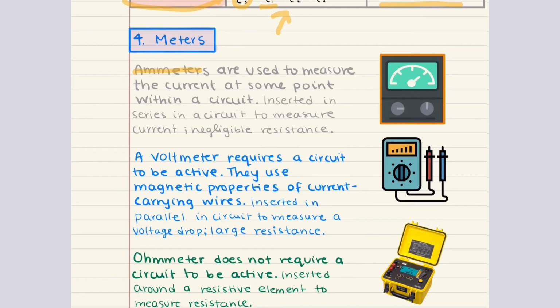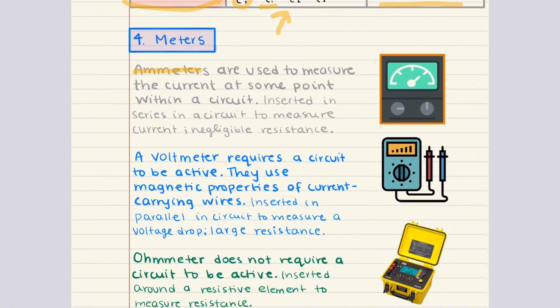These measure current, so they're used to measure the current at a specific point in a circuit. Since current only flows through active circuits, the circuit must be on for the ammeter to provide a reading. To measure the current correctly, the ammeter is placed in series with the circuit element where the current is flowing.